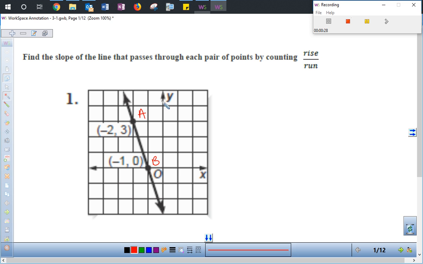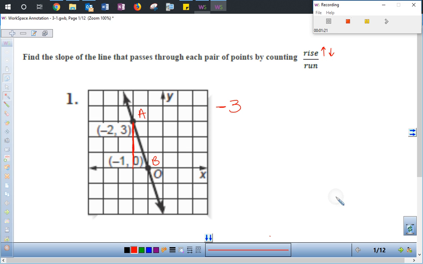Now to start from point A to point B, first I want to go up or down. That's my rise. Rise talks about, do I need to go up or do I need to go down? Now to get from point A to point B, I do need to go down, and I want to be on the same level, so I'm going to go down 1, 2, 3 units until I get to the same level as point B. Now if I'm going down 3, we can represent that numerically by a -3.